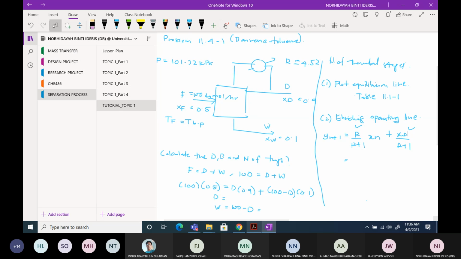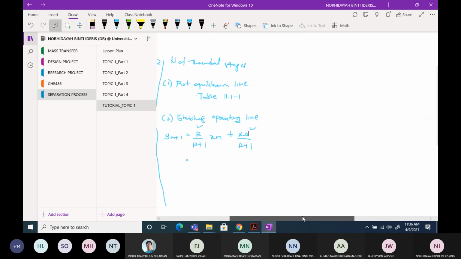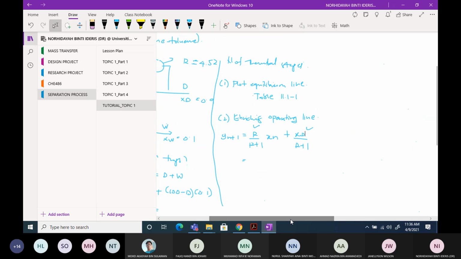If you still remember, you need to first plot a graph of y versus x, and you have a 45-degree line and the equilibrium line. After you get this enriching operating line, you need 2 points of x and y to plot a straight line.